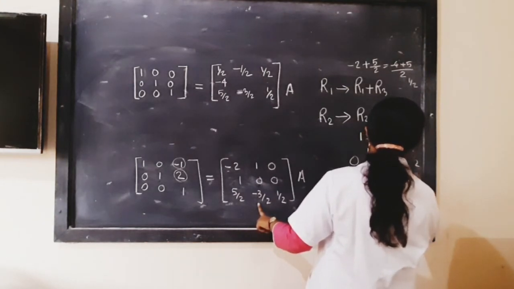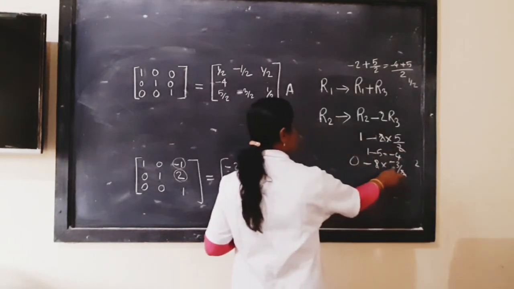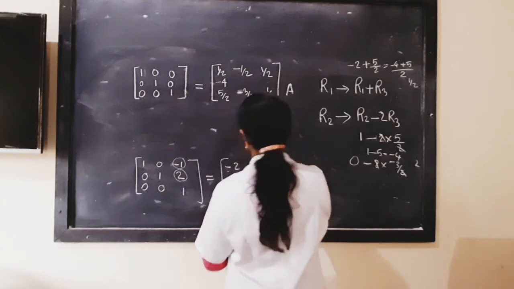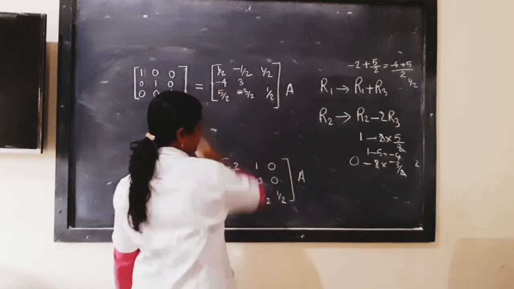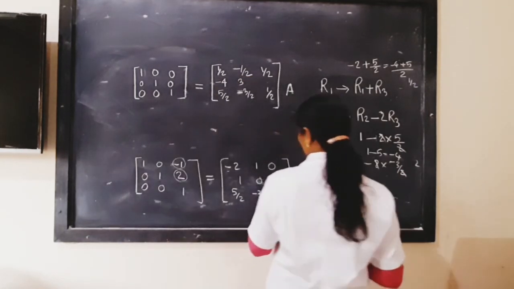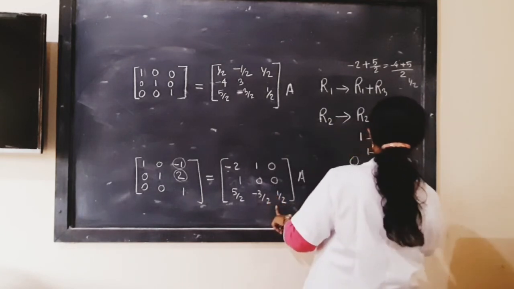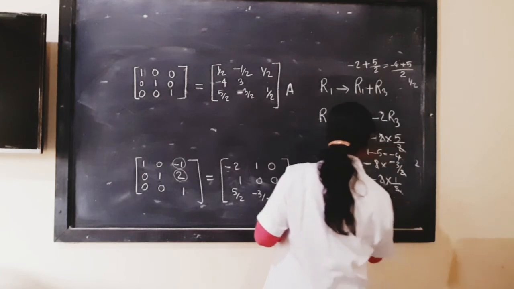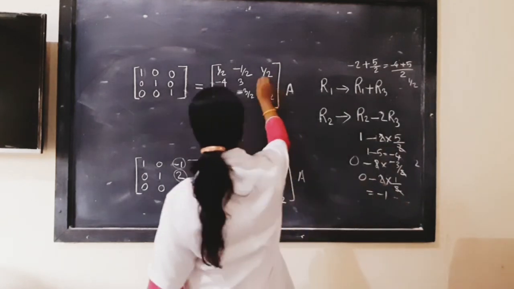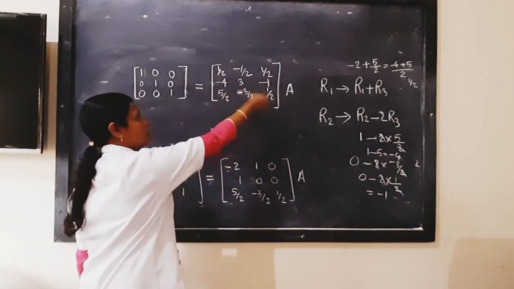Minus 3 by 2, the 2 gets cancelled. Negative into negative we get positive. That is positive 3. Here we write 3. Okay. Next element is 0. So we write 0 minus 2 into here R3 is 1 by 2. The 2 gets cancelled. We get minus 1. Okay, second row is minus 4, 3, minus 1.